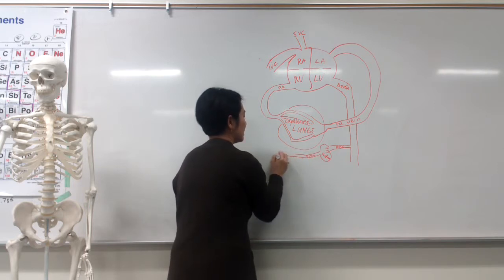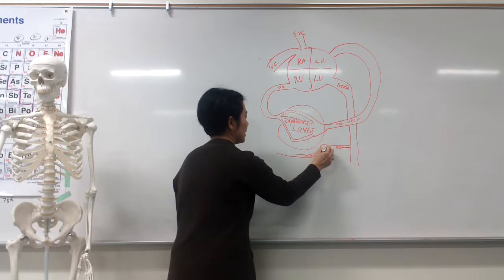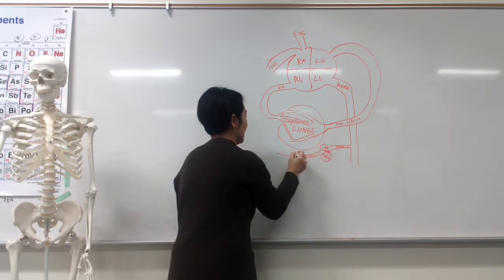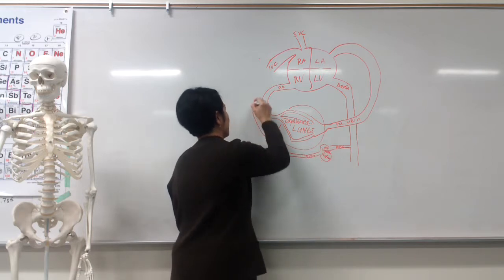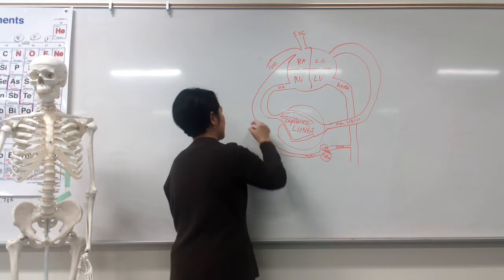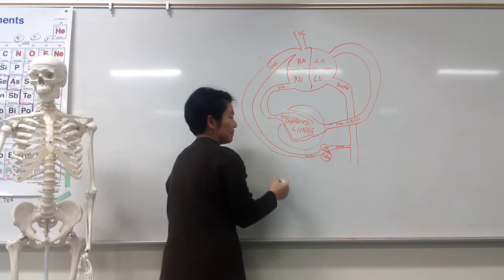And this vein, so it's always the capillaries where it breaks down into small ones. This is capillaries. And then the vein will join your inferior vena cava.